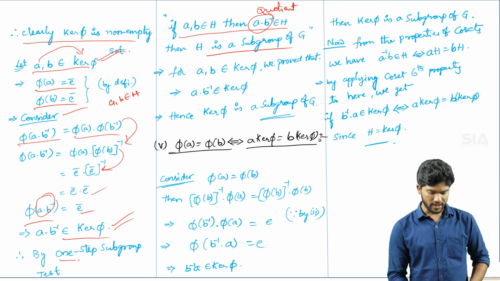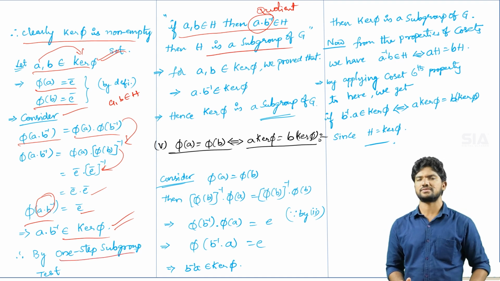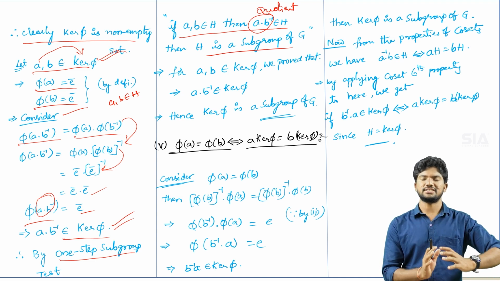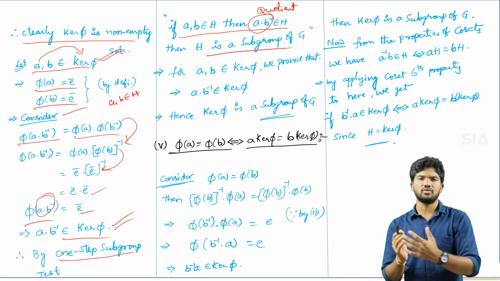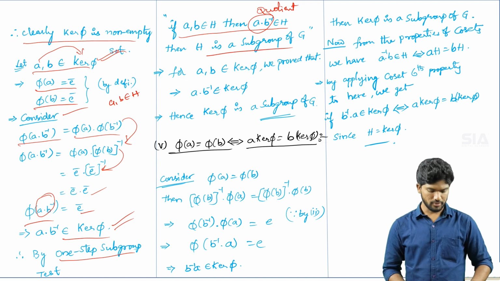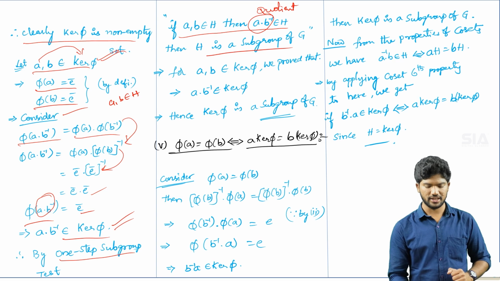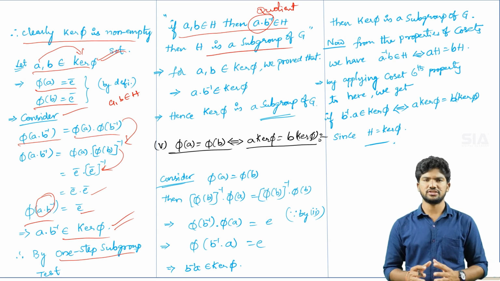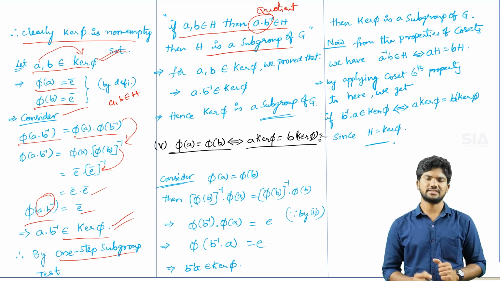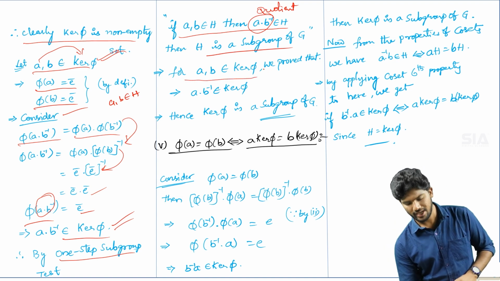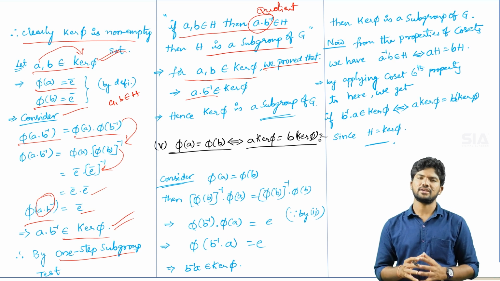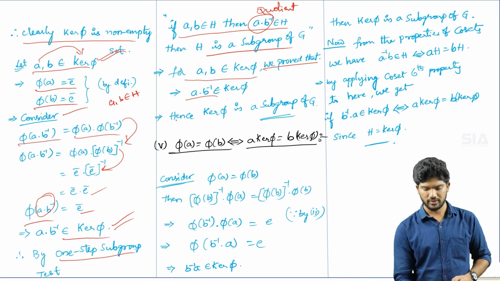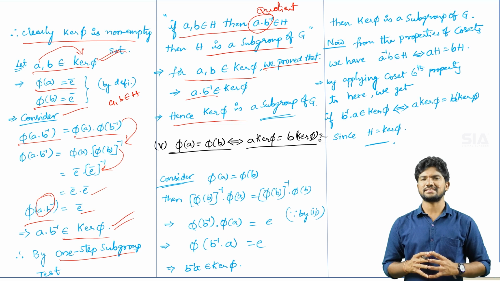Then by using the one step subgroup test, you have to mention this in the examination, and after that write down the statement of that theorem: if a comma b belongs to capital H, then the quotient also belongs to the same H, so H is a subgroup. Therefore, clearly kernel phi is a subgroup of capital G.